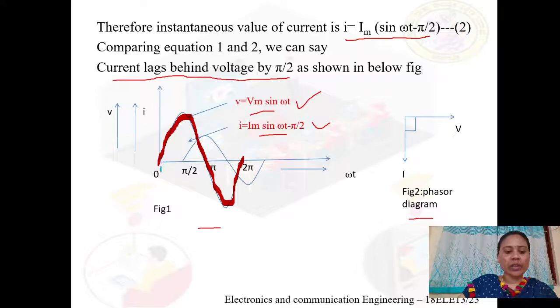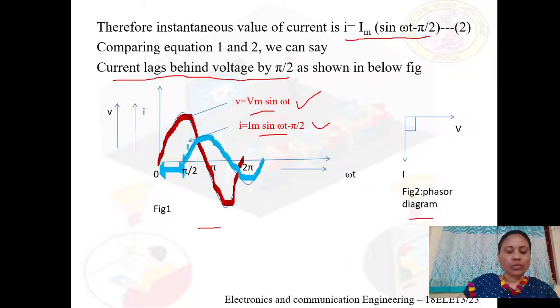Therefore that means after pi by 2 period the current should start, that is instead of starting at 0, the current starts at pi by 2 and it increases, and like this it continues.